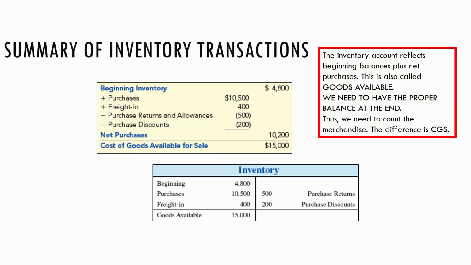What I wanted you to see in this is that this is where these numbers are coming from. And when we say net purchases, we're really talking about all of this combined and added down, and these two would have been subtracted to get this number, $10,200.